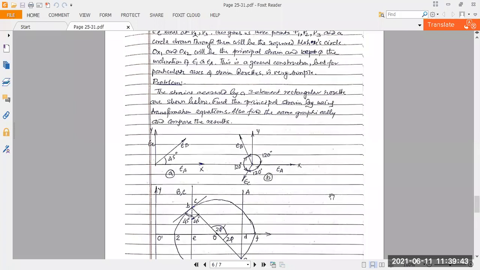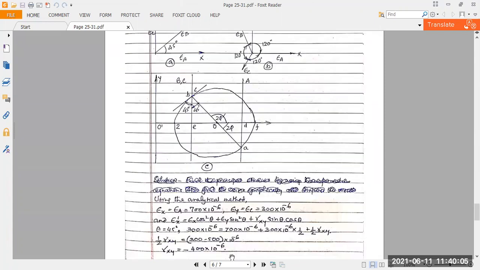Epsilon B is 300 into 10 to the power minus 6 per centimeter, and epsilon C is 300 into 10 to the power minus 6. So epsilon A is 700, epsilon B is 300, and epsilon C is 300, all into 10 to the power minus 6.